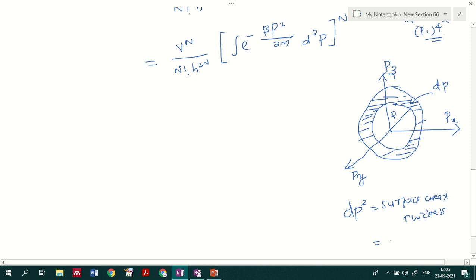So here it is 4 pi p square, because the radius is p, and dp is the thickness of this hypershell interval. So the volume in momentum space is 4 pi p square dp. Let me just go back to here.